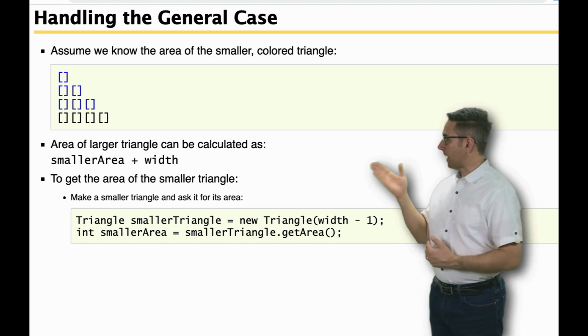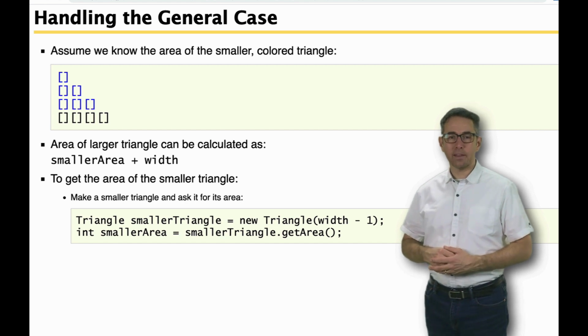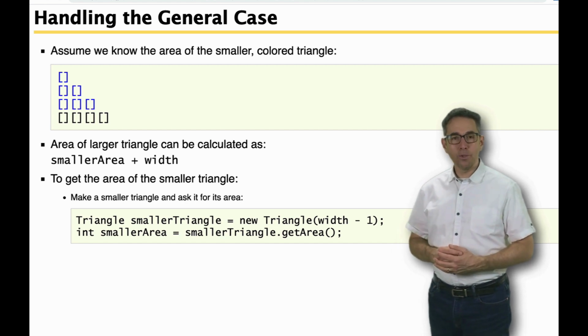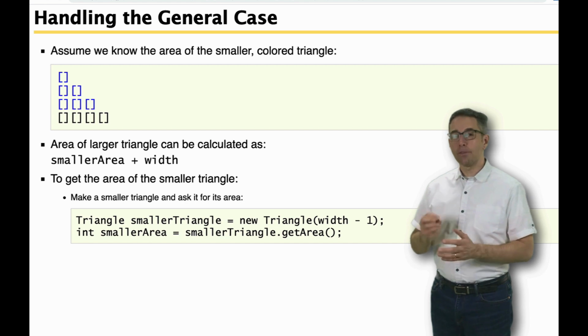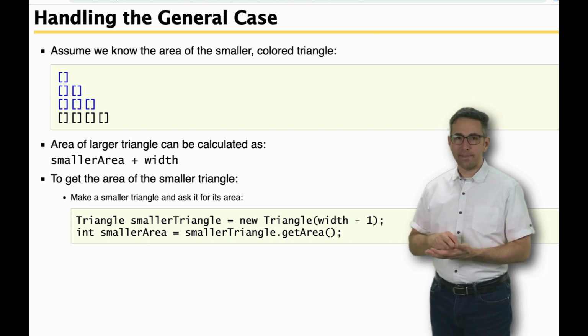Within the getArea method, we'll create another triangle object. Now this is inside the existing triangle class, so within the triangle class, we're creating another instance of a triangle object. But the triangle object that we create when getArea is called is going to have a width that's 1 smaller than the width that we actually care about.